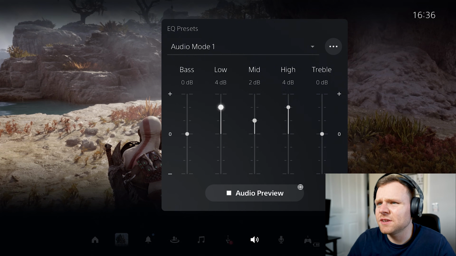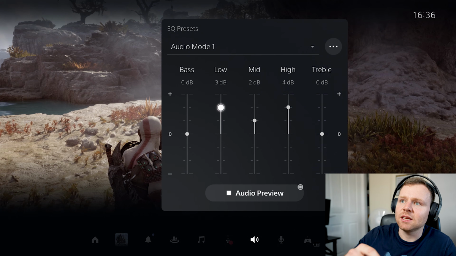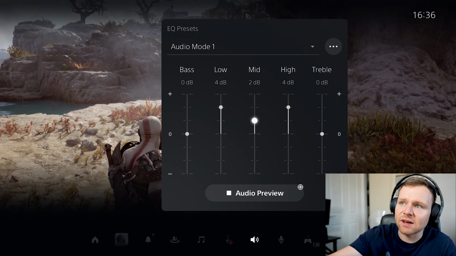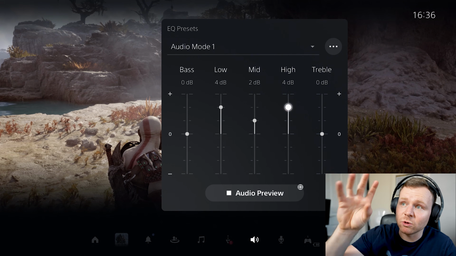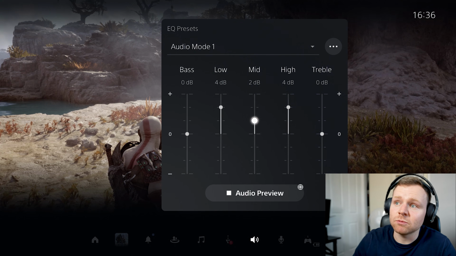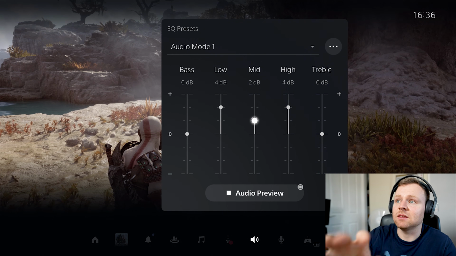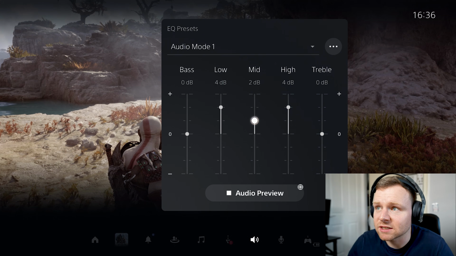So overall, this is where I'm thinking of sitting. Push up those lows, push up those highs for more definition in the clarity of the high end and more definition in the lower end to get better sound out of it. Push up a little bit of those mids, and the bass frequencies are really in the lower end, so it doesn't really affect it that much.